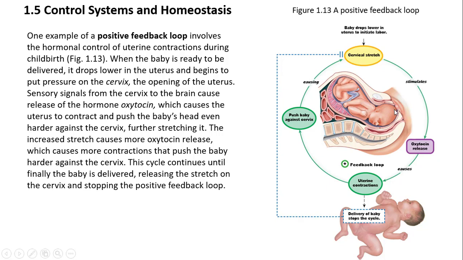This pushes the head of the infant against the cervix. This increased stretch causes the activation of the sensory neurons in the cervix. They send a sensory signal to the brain, which causes even more oxytocin release, which causes even more contractions. And so the cycle continues and continues, and the contractions get stronger and stronger until eventually the baby's delivered. At that point, there's no more stretch on the cervix, and this stops the positive feedback loop. And so there's a natural endpoint to this loop.